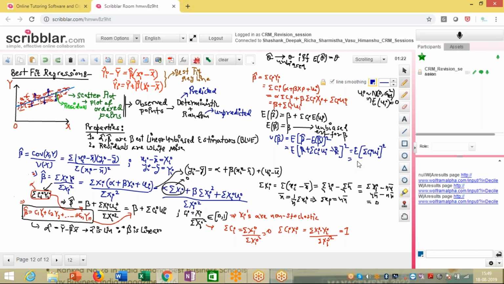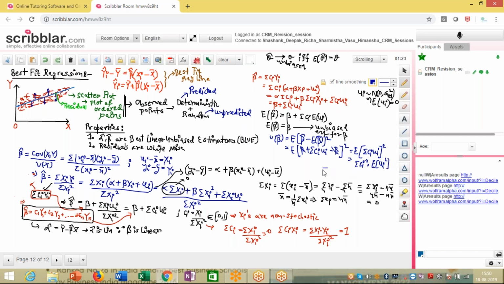So the expectation of summation ui square becomes summation ci square times the expectation of ui square, because again ci is a number. Now we know that ui square is homogeneous in nature, homoscedastic in nature.